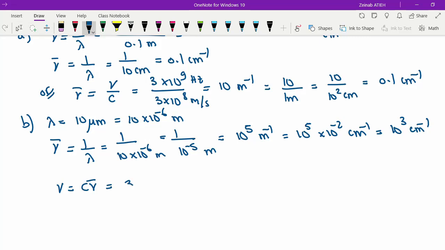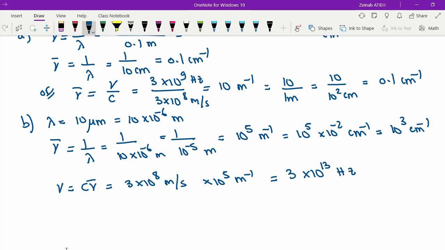It's equal to 3 times 10 to the power 8, so this is in meter per second. So I have to substitute nu bar in SI unit, which is 10 to the power 5, so that meter will be cancelled with meter minus 1. So we will get 3 times 10 to the power 8 plus 5, it's 13 hertz.